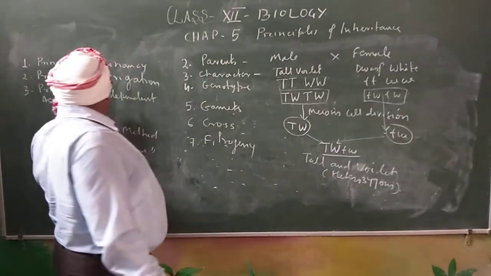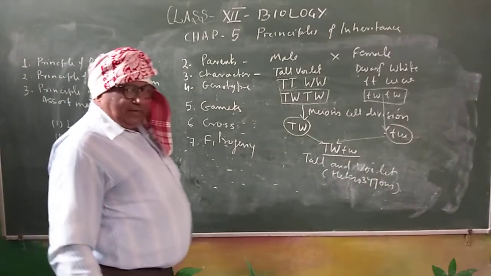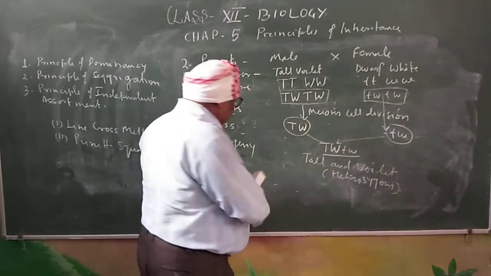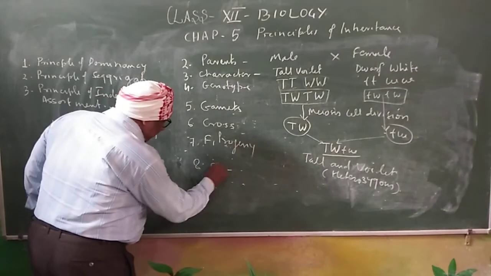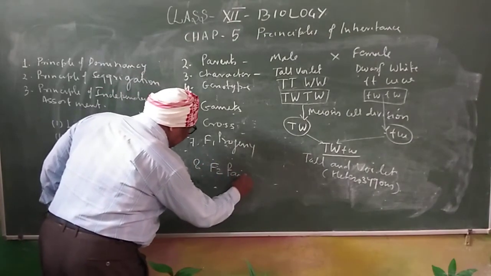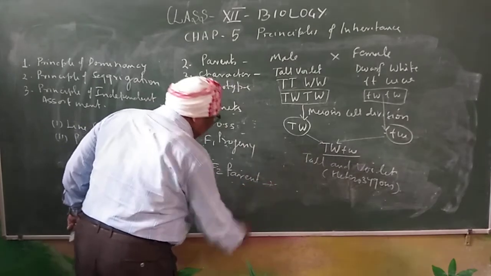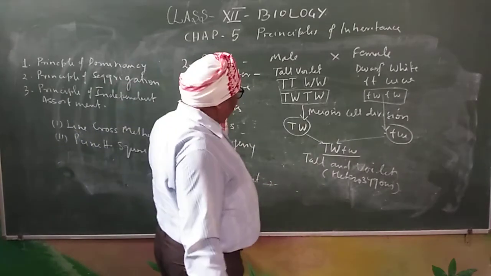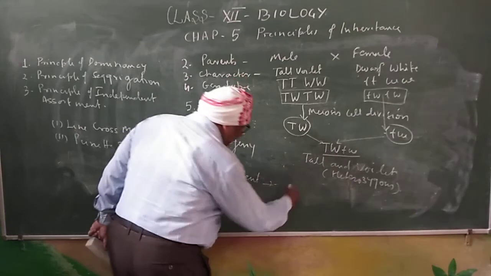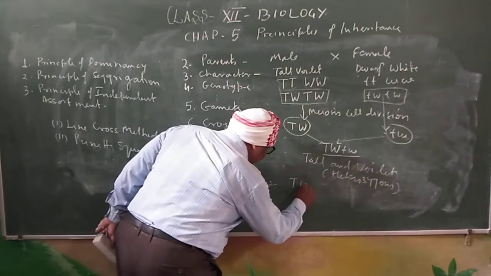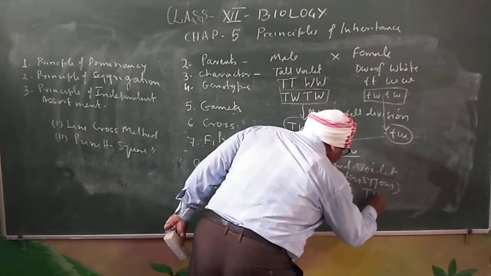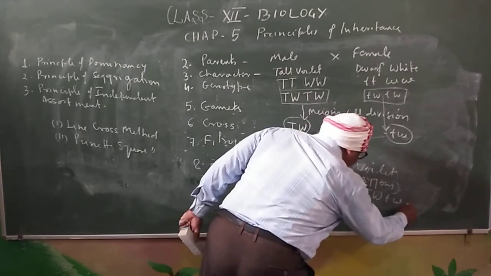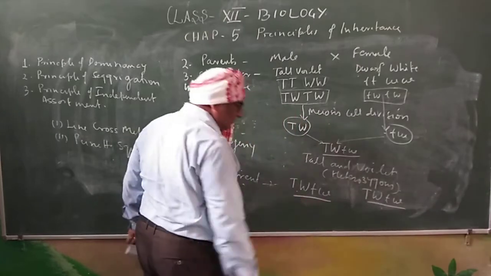Our purpose is to know the principle of independent assortment. We have to find out the F2 progeny, so for the F2 class we find out the parents. Here we are taking the heterozygous individuals as parents.